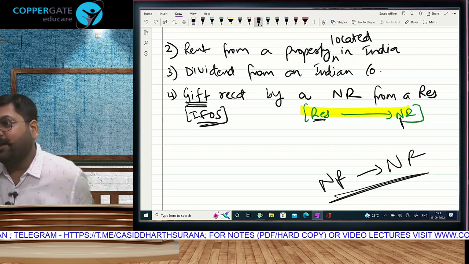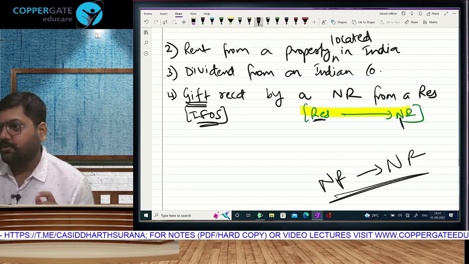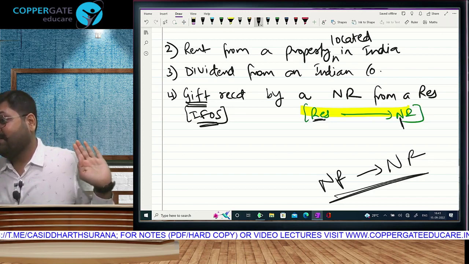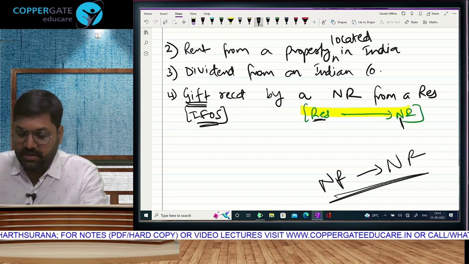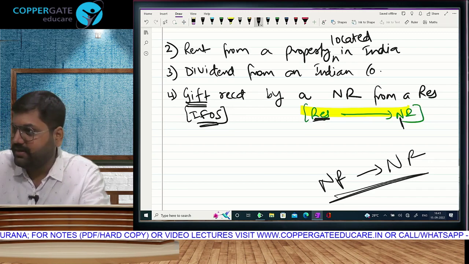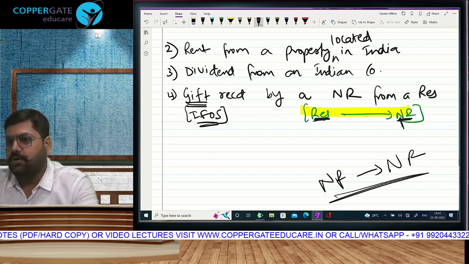And when you don't fall in any of these cases and the value of the gift is exceeding 50,000 rupees, it will become taxable. But sir, I am a non-resident. People were escaping. If the giver of the gift is a resident, then the gift will be taxable for a non-resident also.